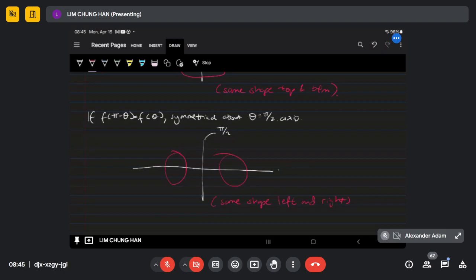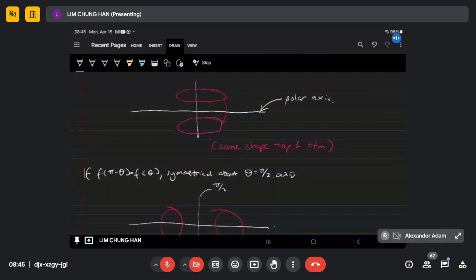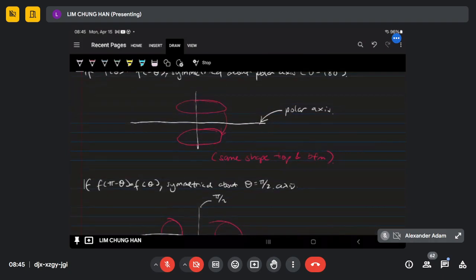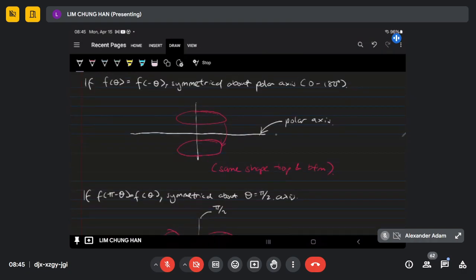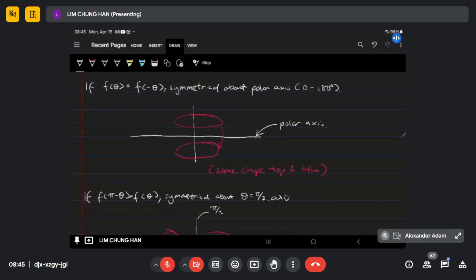Okay, so you see why this is a shortcut? Let's say you do the check based on rule number 1. Then you only have to plot the points from 0 degrees to 180 degrees.